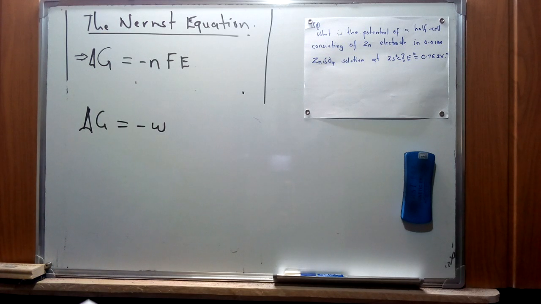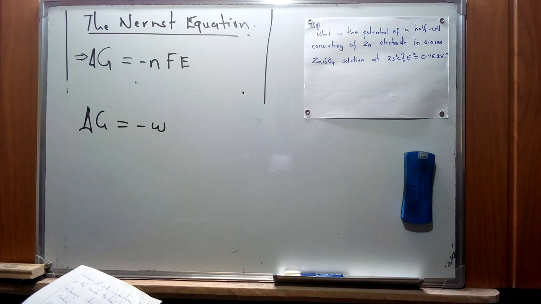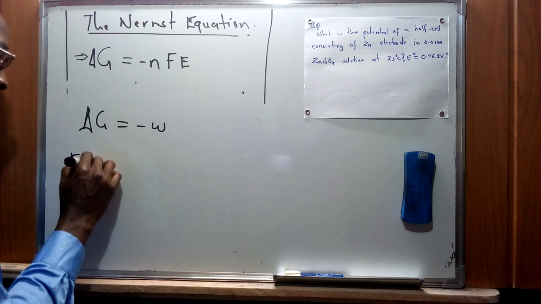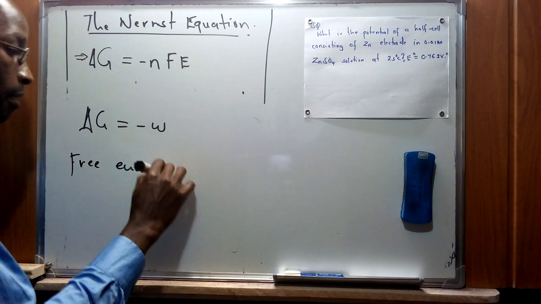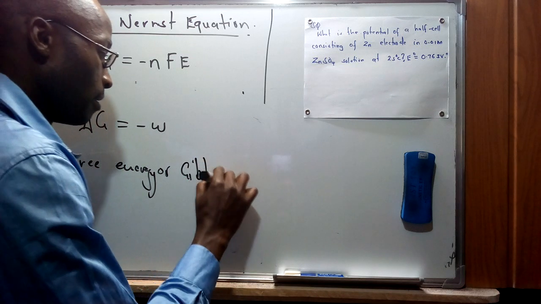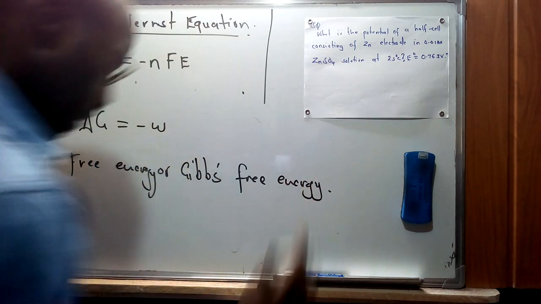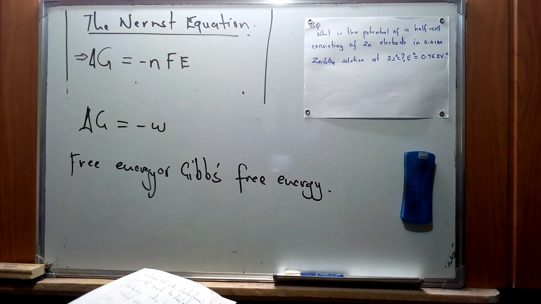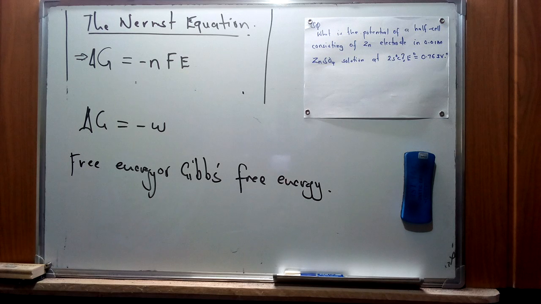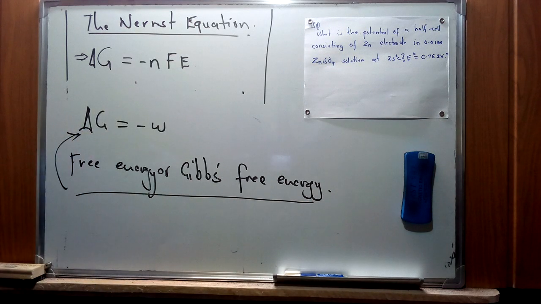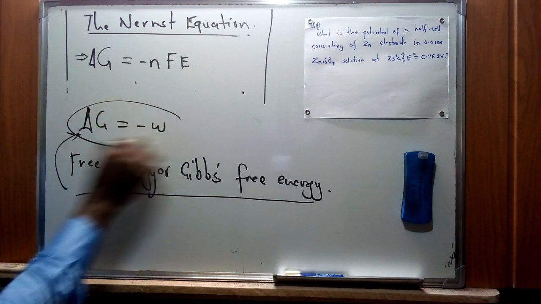So the relationship still holds for Gibbs free energy, whereby we can define it as free energy, or Gibbs free energy, which refers to the energy available in the system to do work, and is different from the total energy change of a chemical reaction. So we're just going to restrict ourselves to this particular concept.